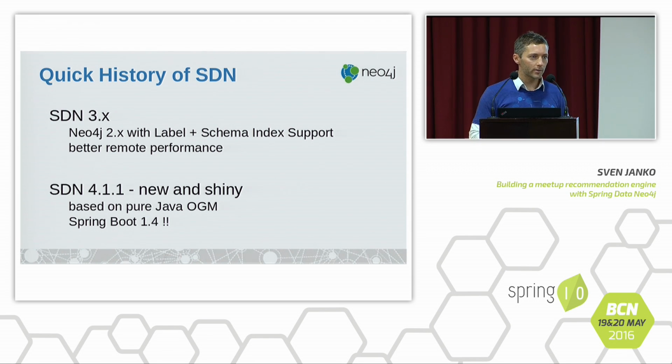And after that, today available, this is SDN version 4.1.1, and this is what we have used for our example application. We will talk in the next few slides. I will give you some key features that have been implemented in that version compared to the previous ones. And we are using Spring Boot in version 1.4.